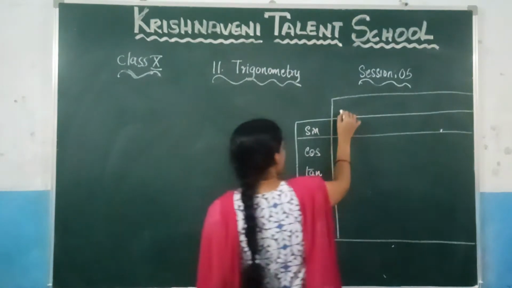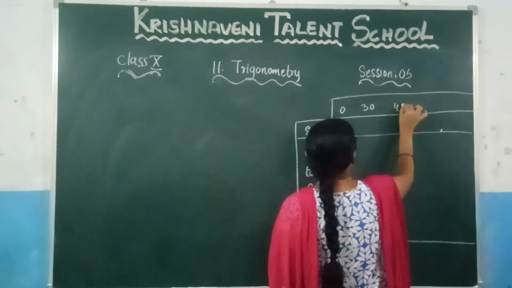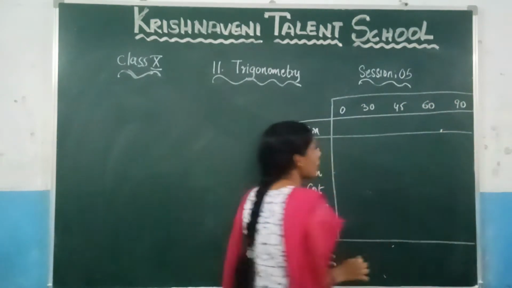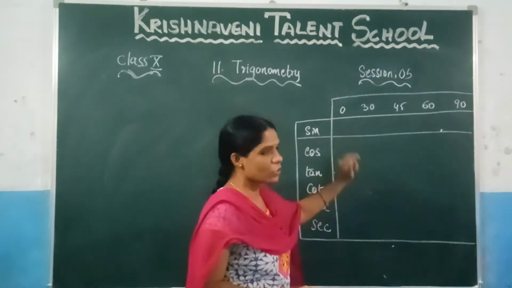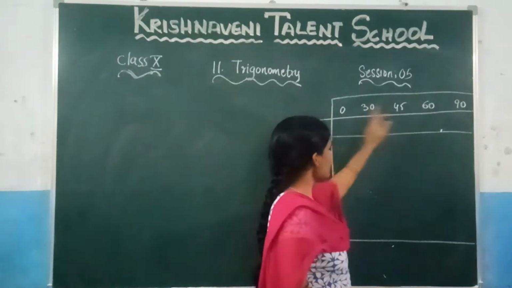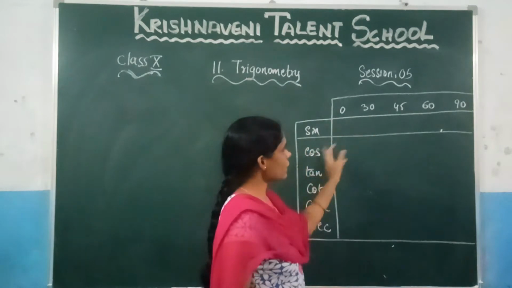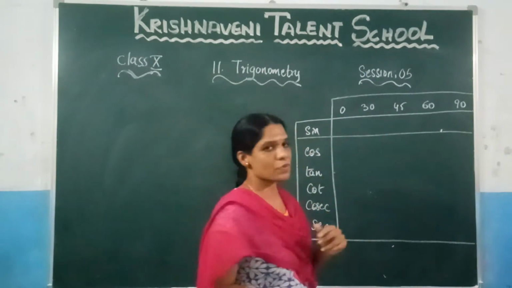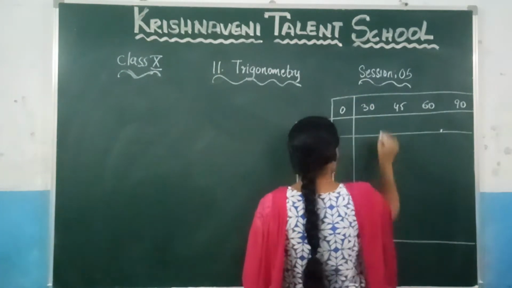Which is nothing but 0, 30, 45, 60, 90. That means what is the value of sin 0, sin 30, sin 45, sin 60, sin 90. Similarly, cos 0, cos 30, cos 45, cos 60, cos 90. And these are the things we are going to discuss in this session. Now let us see how to find all these values.